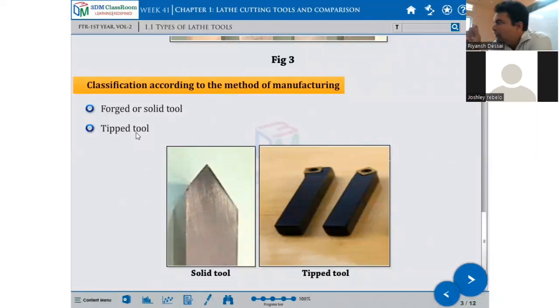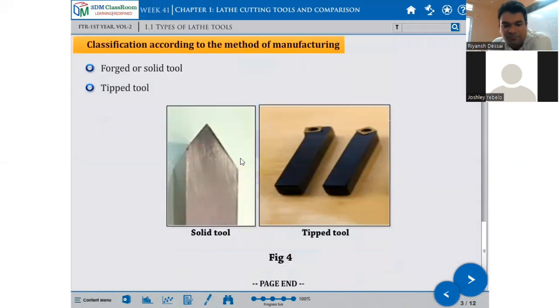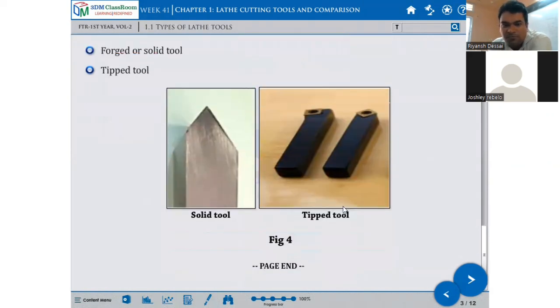We produce only the cutting tip, braze it and fix it on the blade, then you can use it. So this is a forged or solid tool, and this is a tip tool. In a tip tool, only the cutting tip is brazed. A solid blade is full cutting tool.